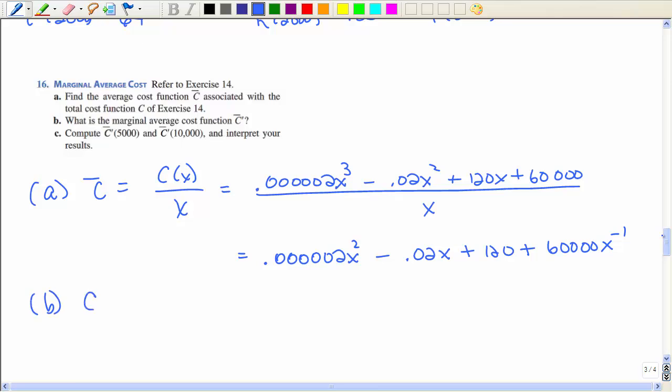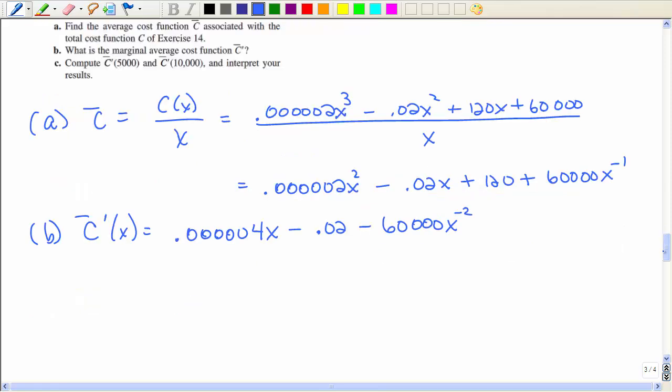The reason is that the next question says to find the marginal average cost function, which means I'm going to have to take the derivative of that. You can use the negative exponent and leave your answer like that, but keep in mind that you could rewrite that with x in the denominator to the positive 2 exponent.